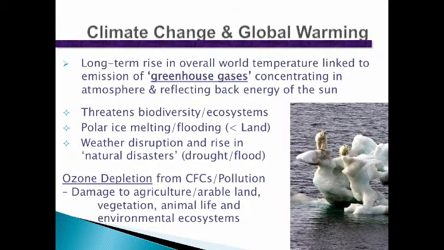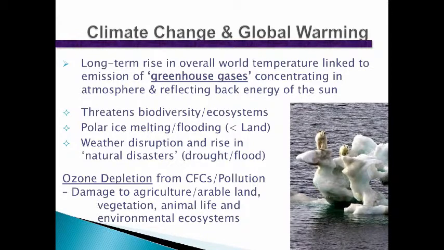We now have a lot of scientific evidence to suggest that we are seeing a long term rise in overall world temperatures that seems, the science would suggest, to be linked to the emission of greenhouse gases and other pollutants from modern industry and things like cars. Those have been concentrating in the atmosphere and are helping to reflect back the energy of the sun, and as a result, bumping up global temperatures. And again, this has a lot of knock-on effects for environmental damage, but also for resources.